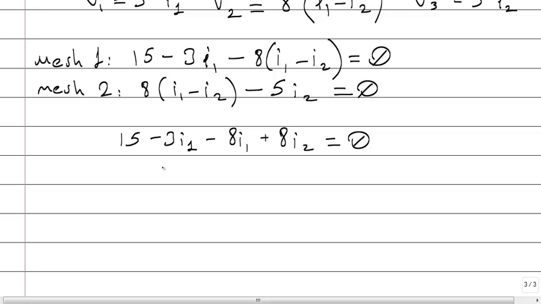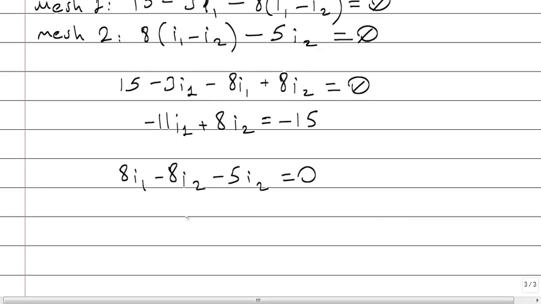So minus 11 I1 plus 8 I2 is minus 15. That's the first equation. Rewrite the second equation. 8 I1 minus 8 I2 minus 5 I2 is 0.